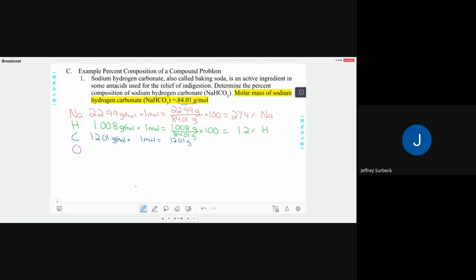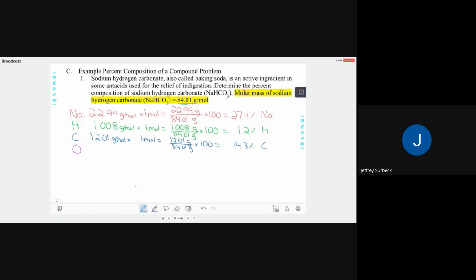We're going to divide it by the molar mass, which is still 84.01 grams of the entire compound. And we want to express this as a percent. So at the end, we multiply by 100. So 12.01 divided by 84.01 times 100. Expressing it to one decimal, we end up with 14.3% of the compound's mass is carbon.